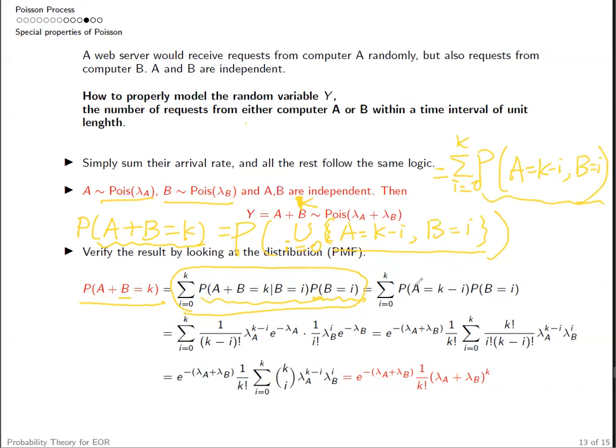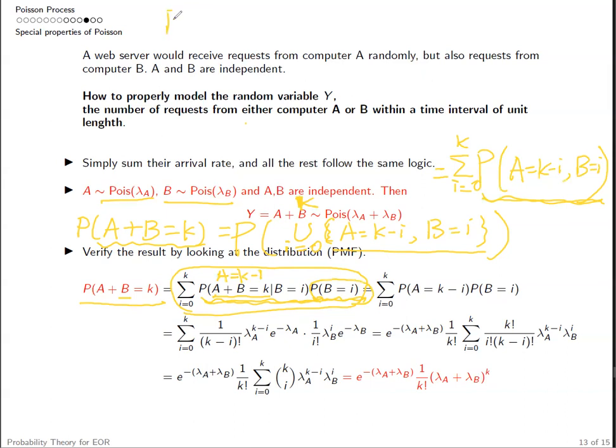Now, according to the definition of conditional probability, the probability of this joint event can be expressed as the product of the probability of B equals i with the conditional probability of A plus B equals k given B equals i. This can also be expressed as A equals k minus i.